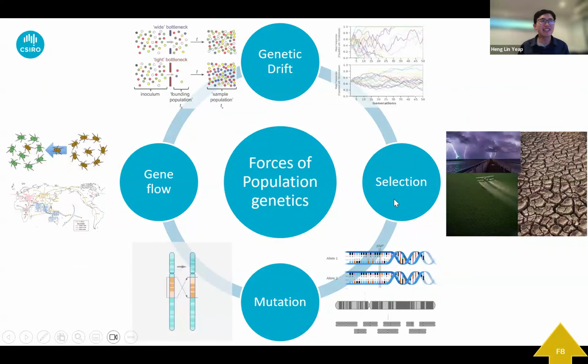When we analyze population genetic data, we are actually studying one or more of four major forces that shape population genetics. The major one is mutations. We can break this into SNPs, single nucleotide polymorphisms, which are variation on a single DNA base.